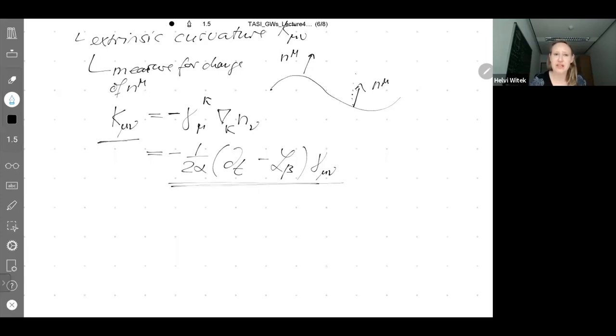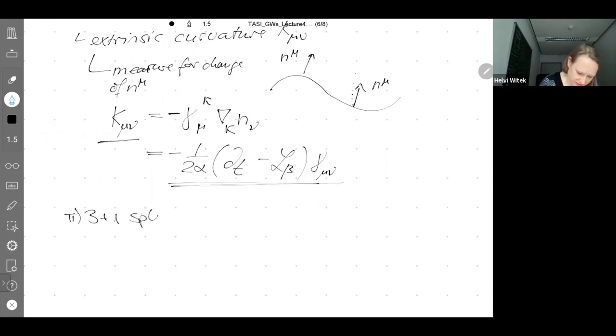In the ADM formulation, you would have canonical momenta. We typically use this extrinsic curvature, which is a geometric quantity well adapted to our space-time. Again, I will not go into any details here, just give you the final result.